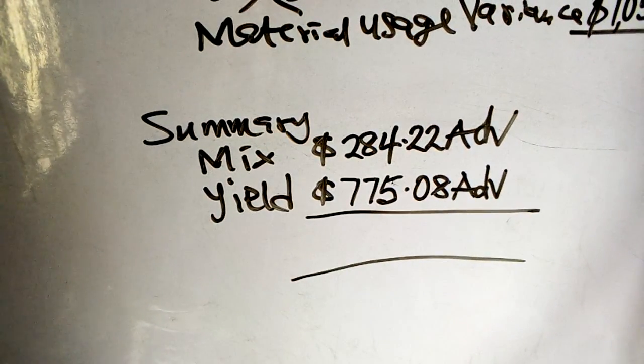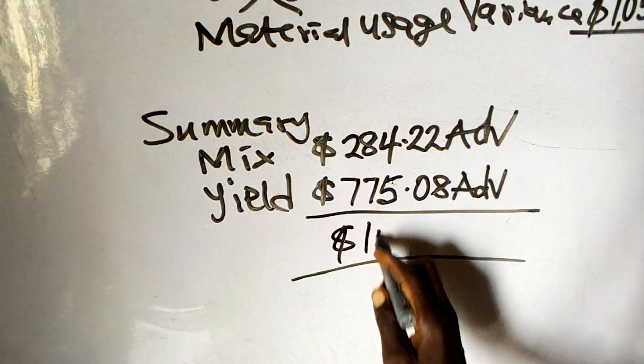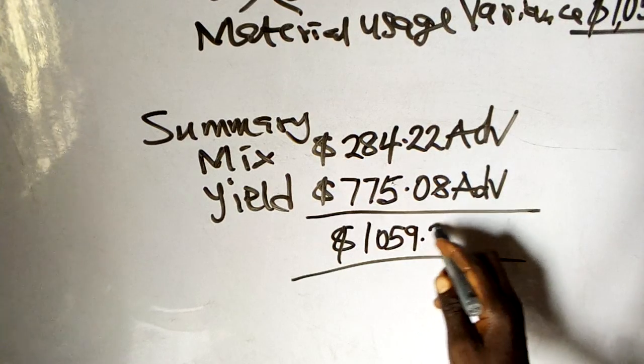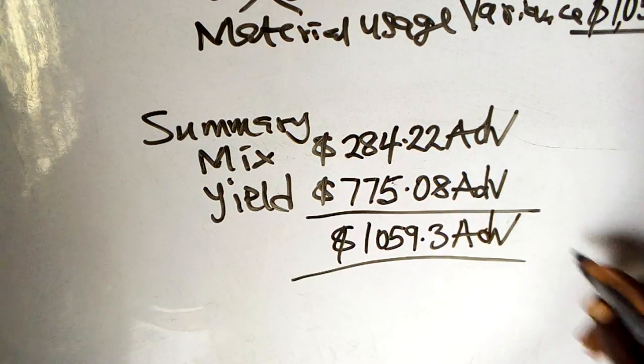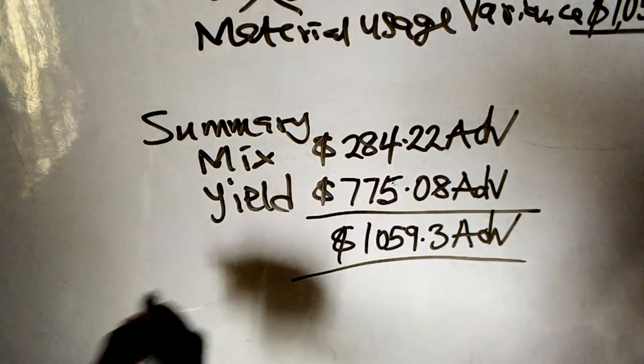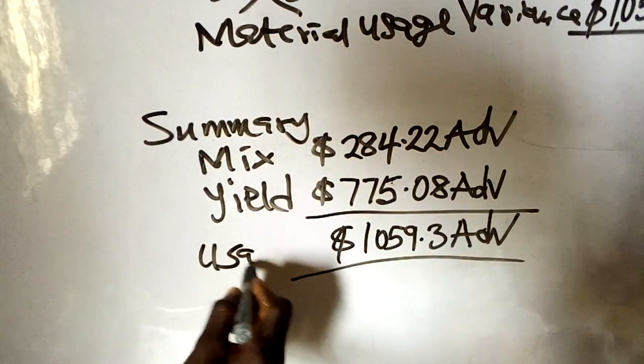You now sum up the mix and the yield variance. 284.22 plus 775.08. The total is 1,059.3 adverse, and that will give us the material usage variance.